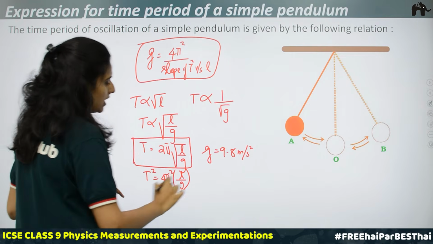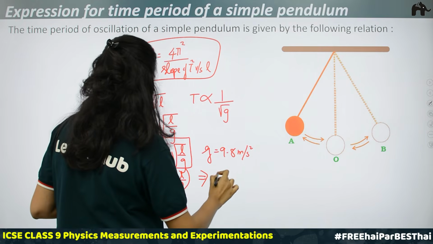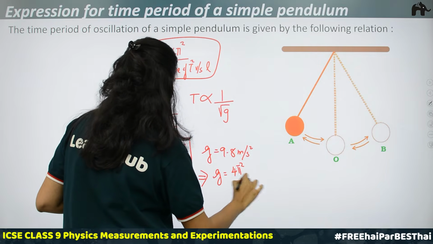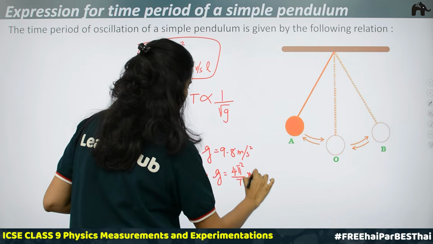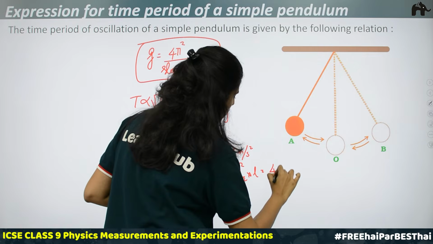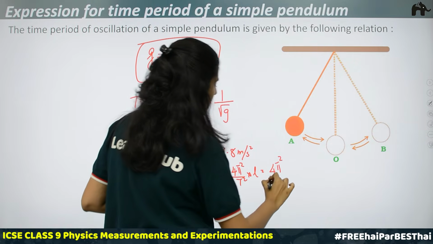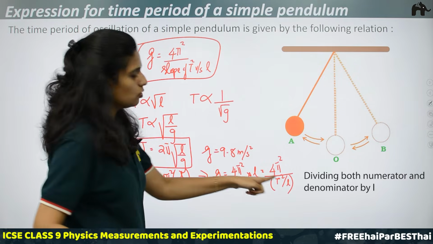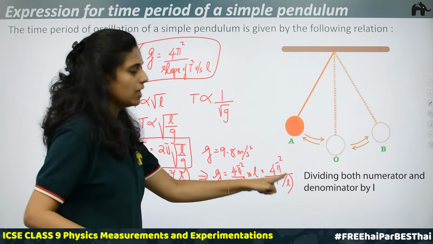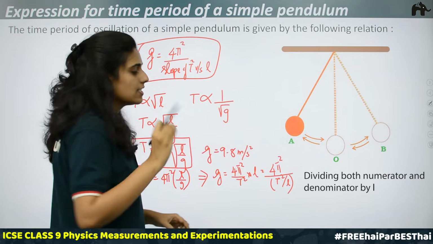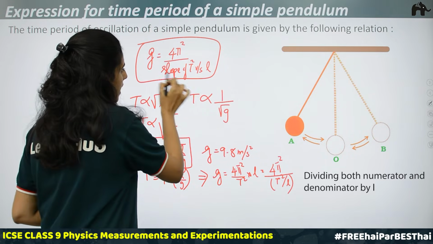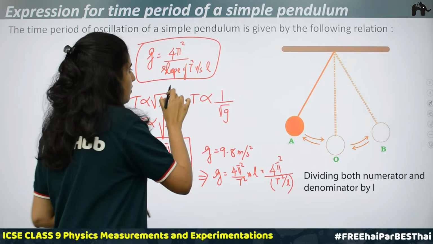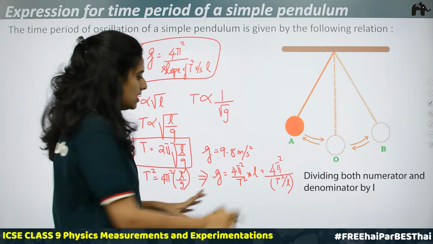Or we can say g is equal to 4 pi square by T square into L, or this is 4 pi square divided by T square by L. So, what is T square by L? T square by L is the slope of the T square versus L graph. Here we had T1 square minus T2 square and that is T square, and L1 minus L2 is L. So, this is the relation.